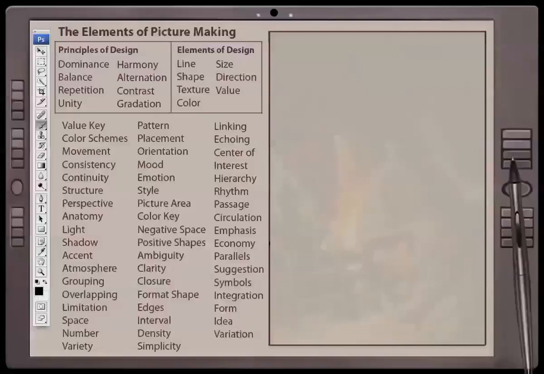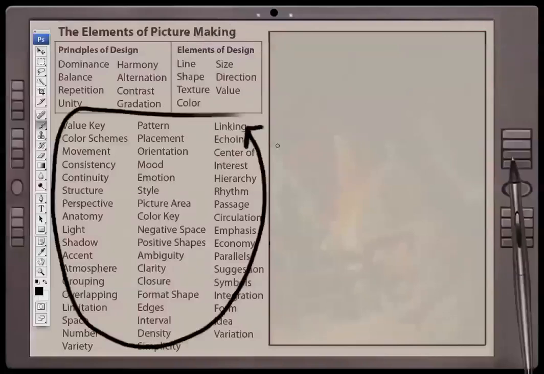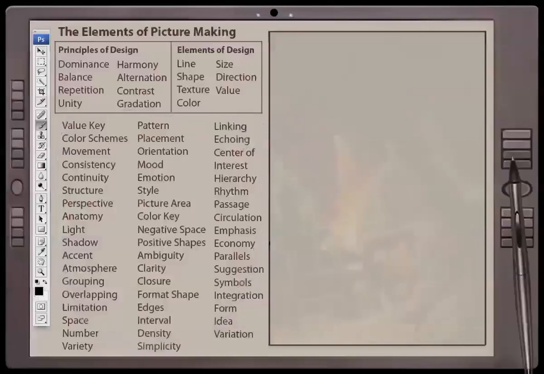Now, I also need to decide on a design theme or compositional theme. And the reason for that is because that will organize the elements of design, as well as other elements here that need to be organized. And that design theme can be a symbol, a plan, or a pattern of some kind, which can be established here with these principles of design.